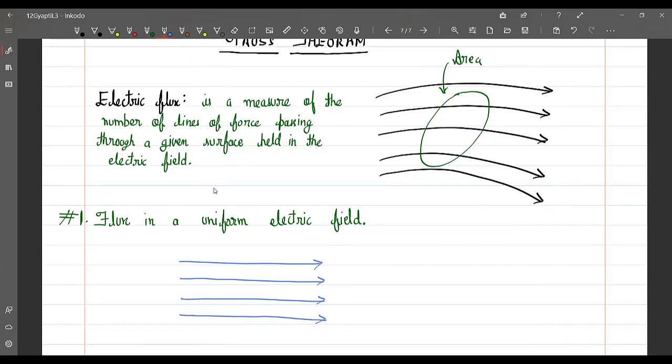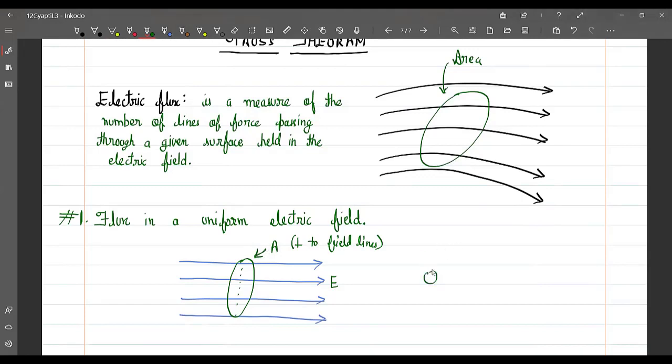So let us say you have an area like this, just call it A. It's a circular area, and the area is perpendicular to the field lines. The electric field magnitude is E, and its area is A.